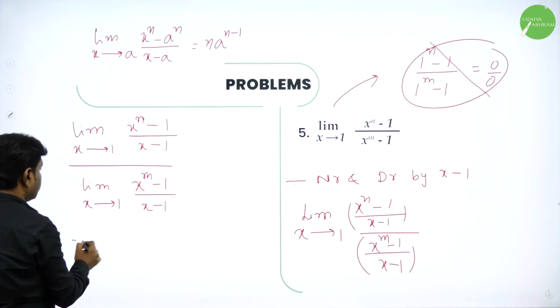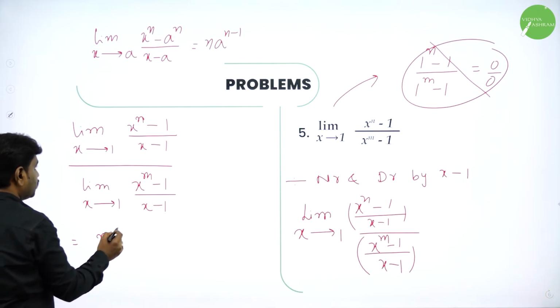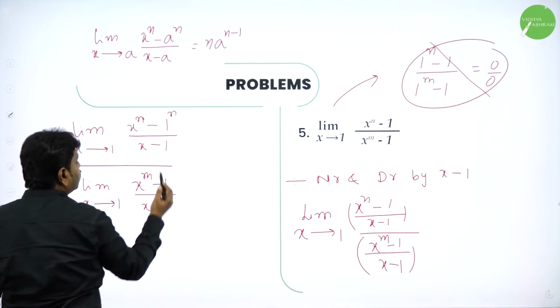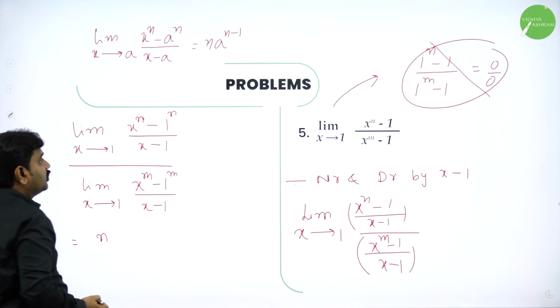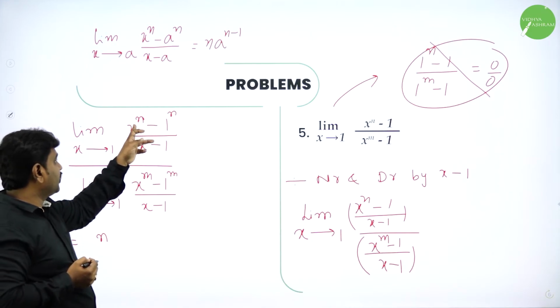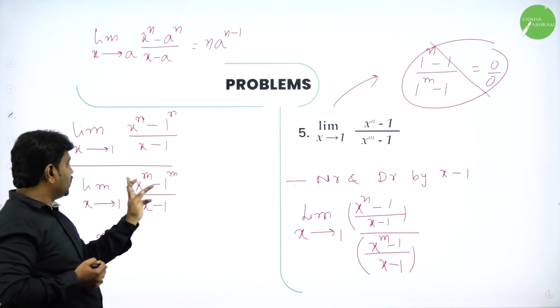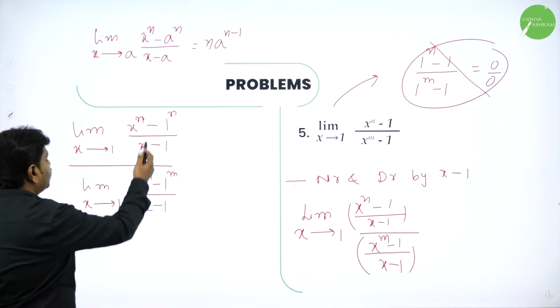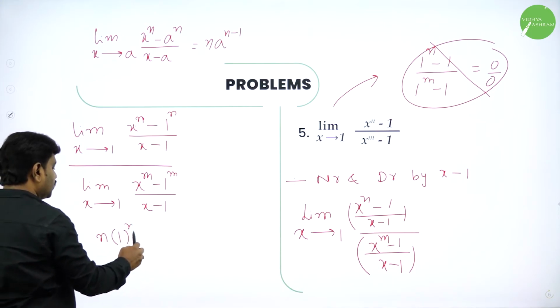So now 1 can be written as 1 power n in the numerator, and here I can write 1 power m. Now it resembles the standard form. Because here we have n, I'll write 1 as 1 power n. Here I have m, I'll write 1 power m. So now this can be written as n into 1 power n minus 1.